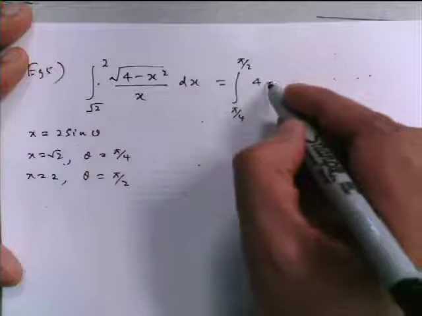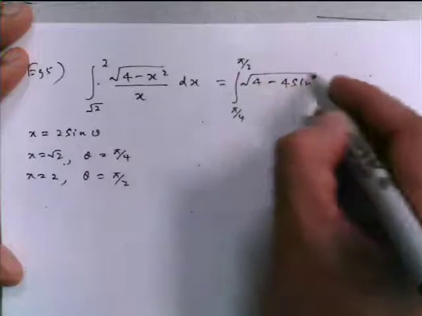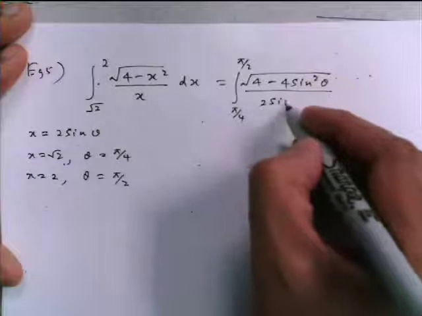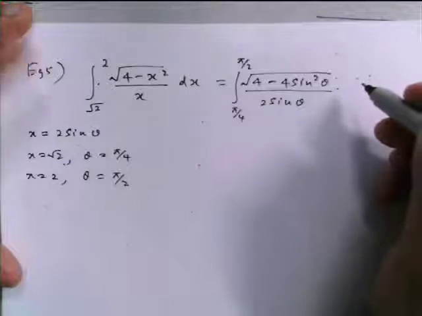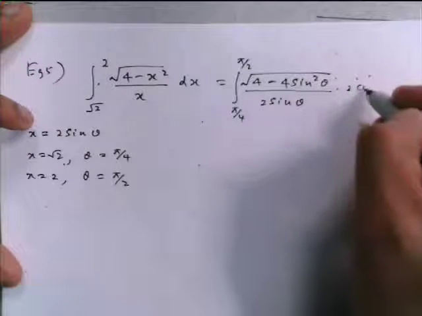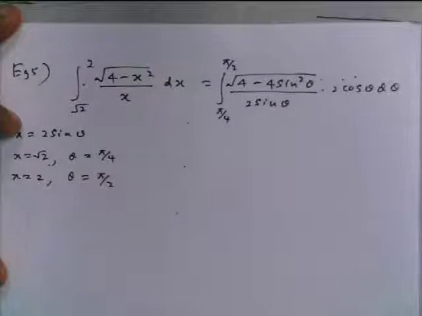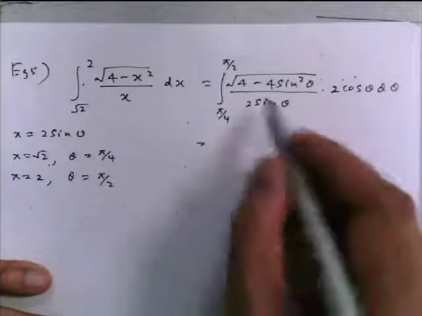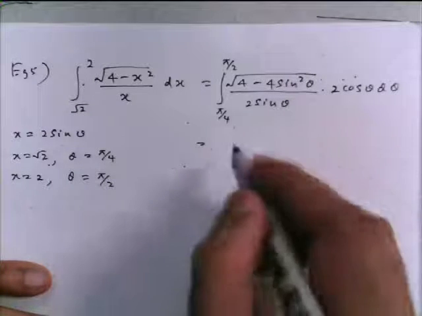This is the square root of 4 minus 4 sine squared theta, since x equals 2 sine theta. And then what else do we have? dx is 2 cosine theta d theta. What do you get? You get a 2 here, so these two get cancelled.